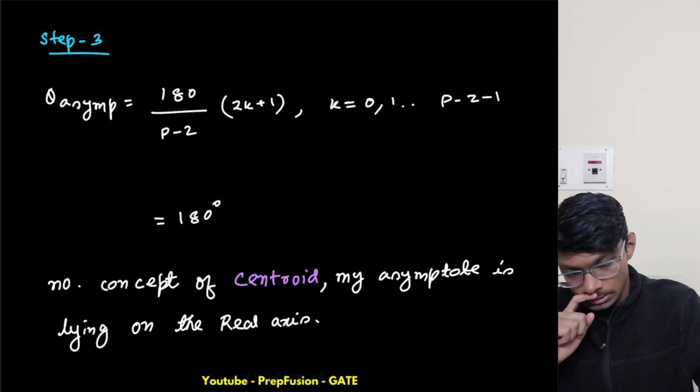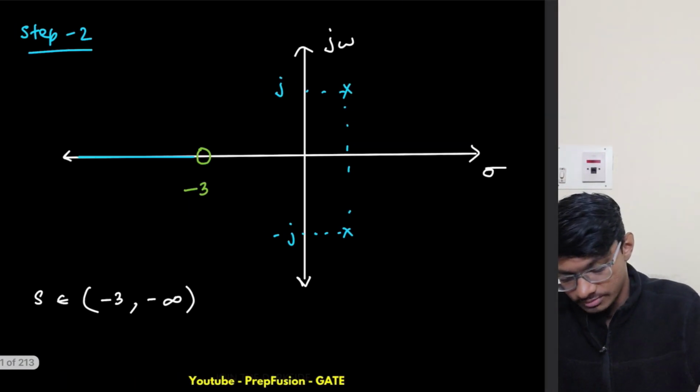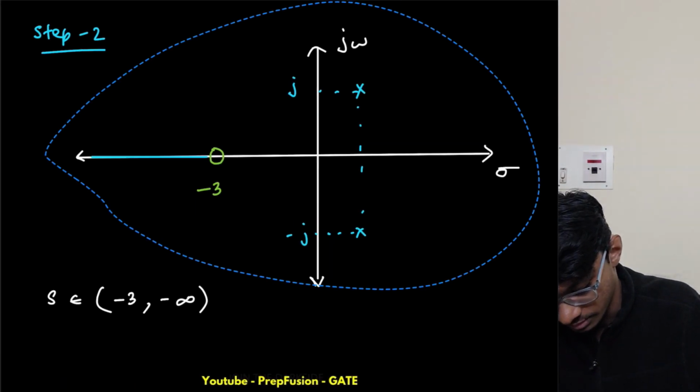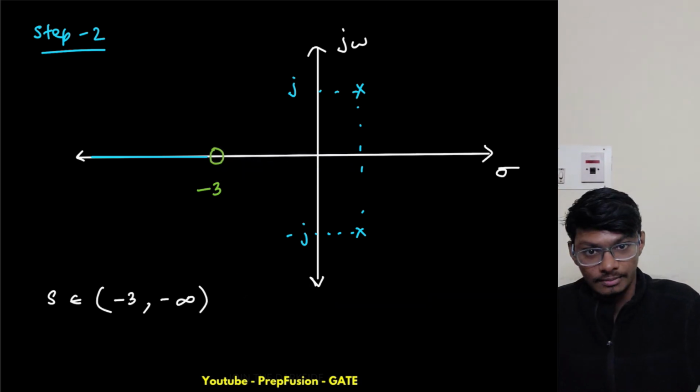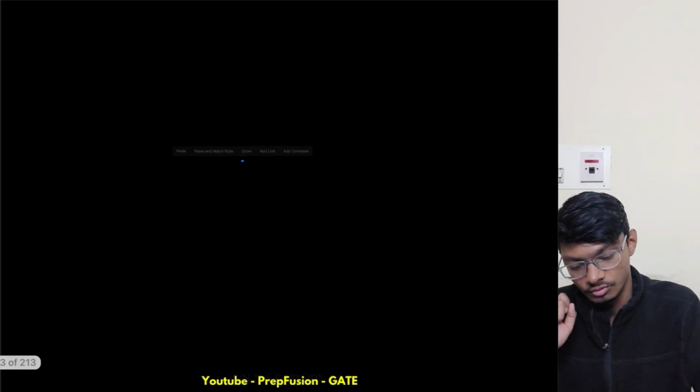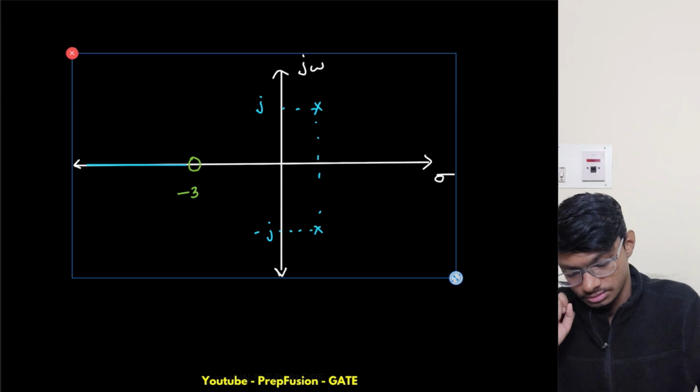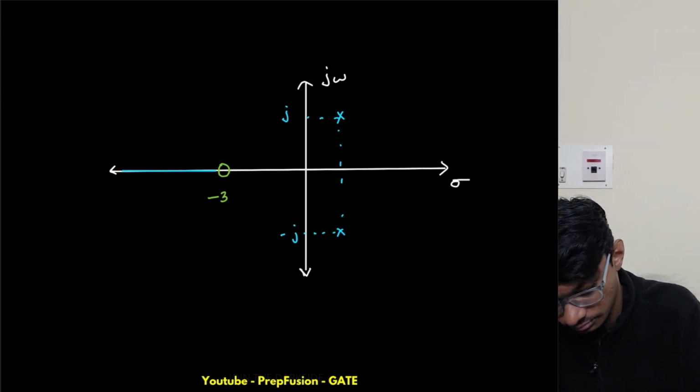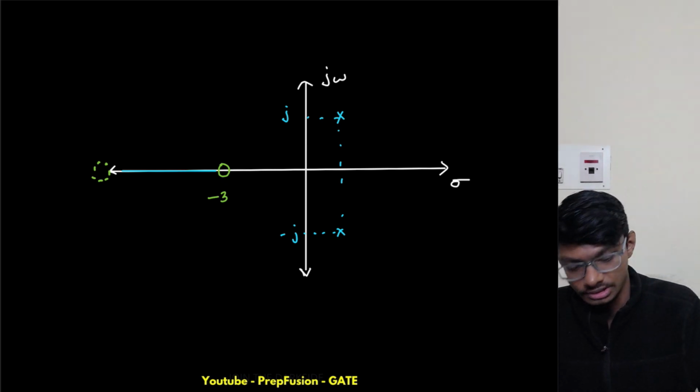So yeah, I got my asymptote. I will just copy this one and draw this one further. I'm going slow for these 2 examples, and from the next one onwards I will go very fast. Okay, this is my asymptote basically.